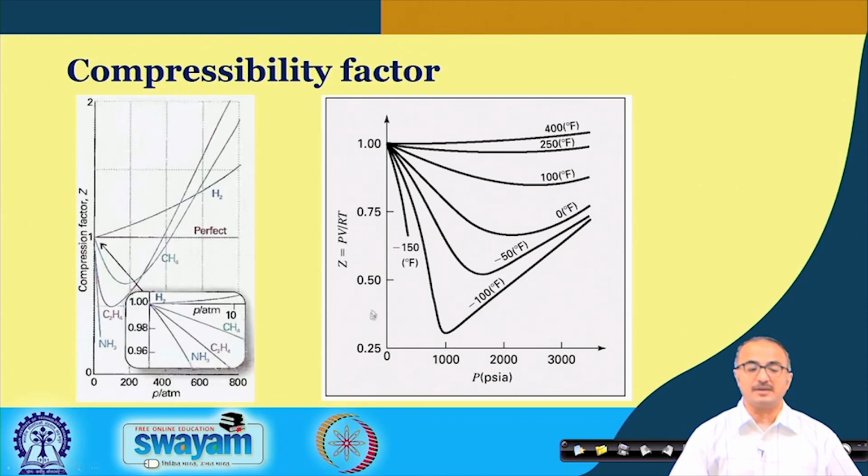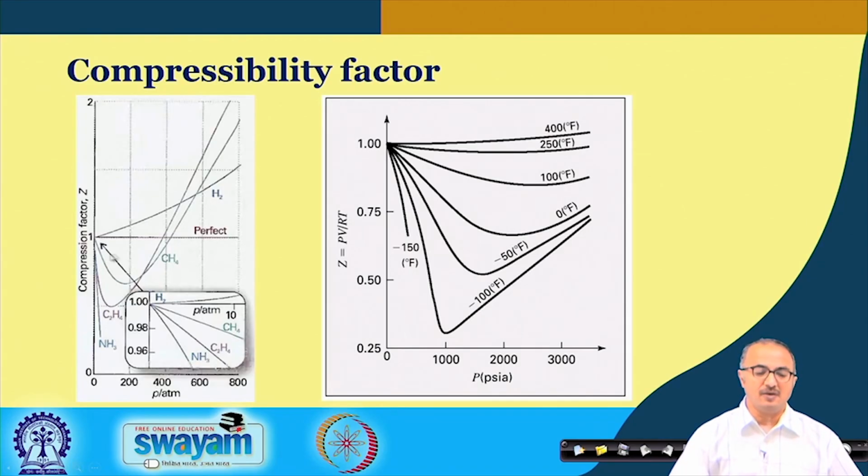Now, here you see how this compressibility factor depends on pressure, and as you can see, for different gases I have plotted it here that for an ideal gas it should be 1, and whenever it deviates from 1, either more than or less than 1, it means we are going towards non-ideality.